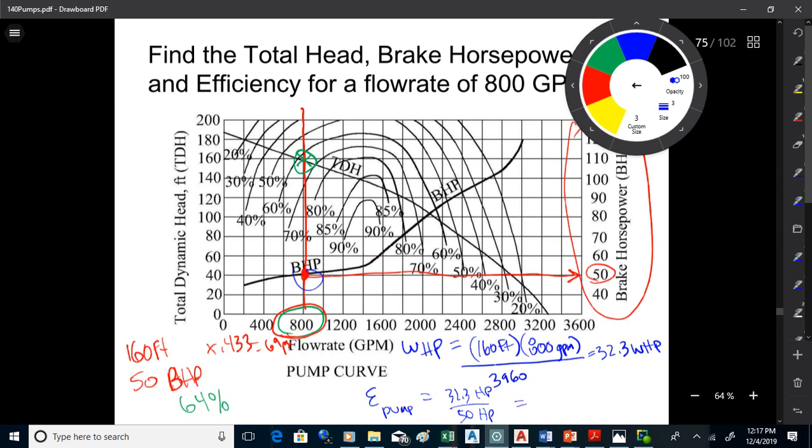So when we divide that out, what do we get? Okay, 64.6 is what I'm getting. You all with me there, what I'm doing? And see that, Matt, that's about right. I didn't read that exactly. I called it 63 or 64. Okay, so that's how this stuff all fits together.